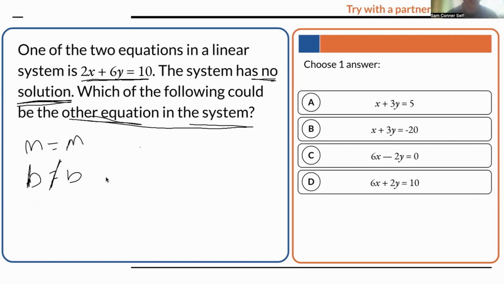So a good way to do that, and they're going to give you a lot of these systems of equations in this form of ax plus by equals c, which is a little bit different from the y equals mx plus b form that you guys are probably most familiar with.